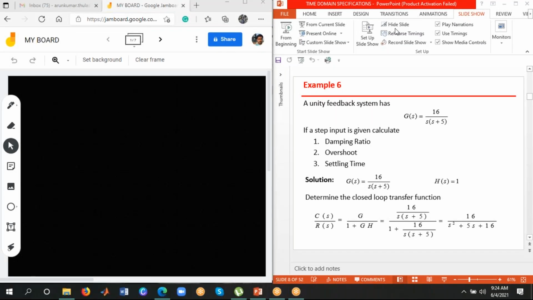Right. So you can see here the question on the screen, right-hand side. A unity feedback system has G of s equals 16 divided by s into s plus 5. Now tell me, is it a transfer function? Whether it is a transfer function or not?